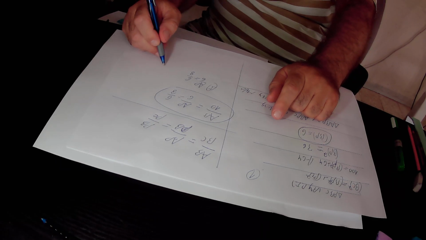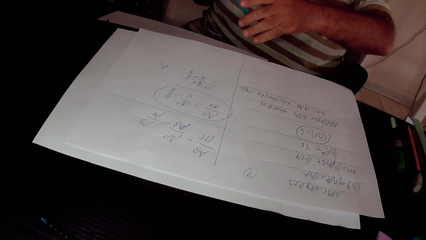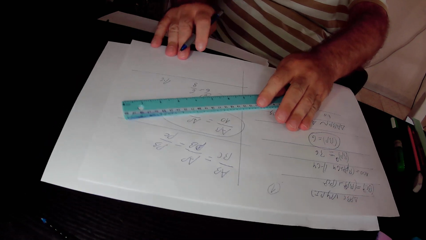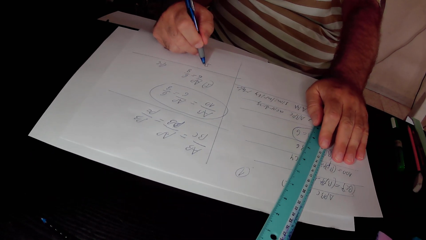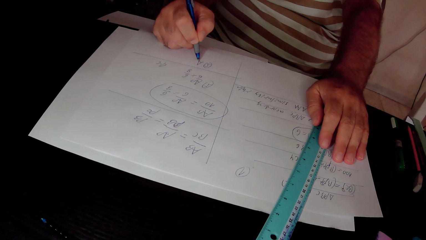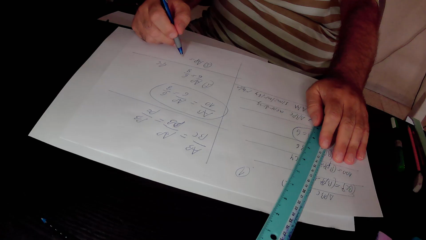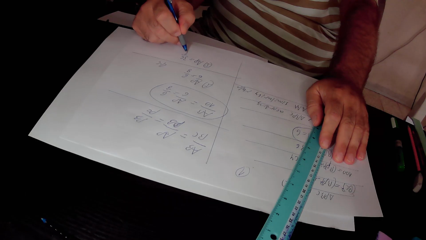Here we multiply equation 1 by 6, and we get that AP equals 6 times 6, which is 36, over 8.